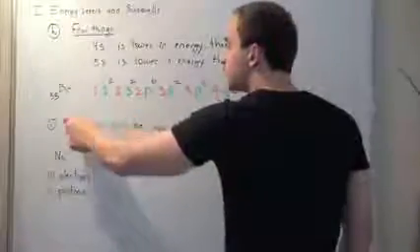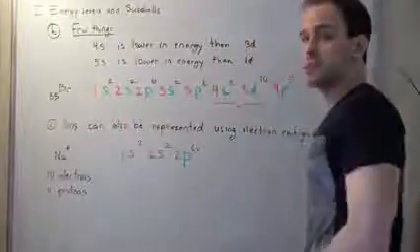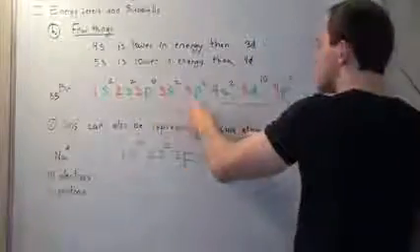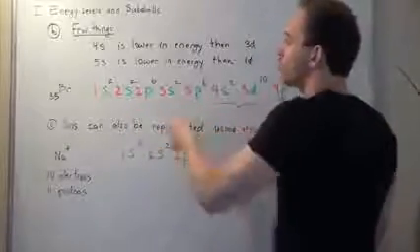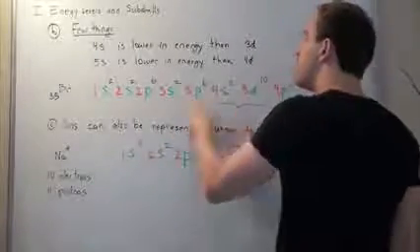Now if we look at the electron configuration for bromine, which has 35 protons and 35 electrons, we see the following electron configuration. Now this guy makes sense because 1s comes before 2s, and 2s comes before 2p, and 2p comes before 3s, and 3s comes before 3p.